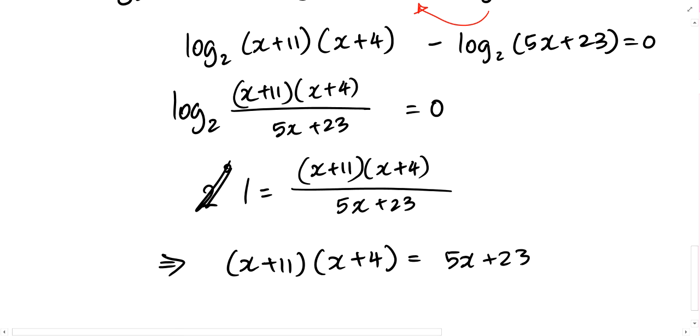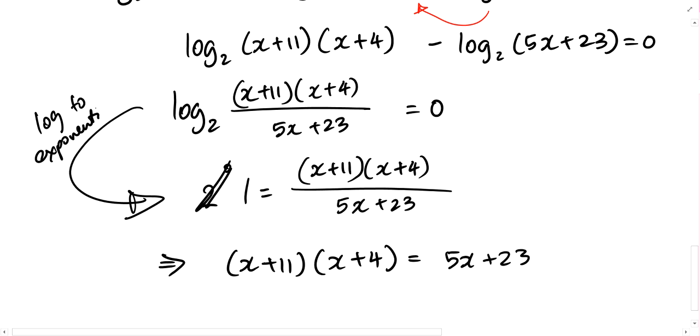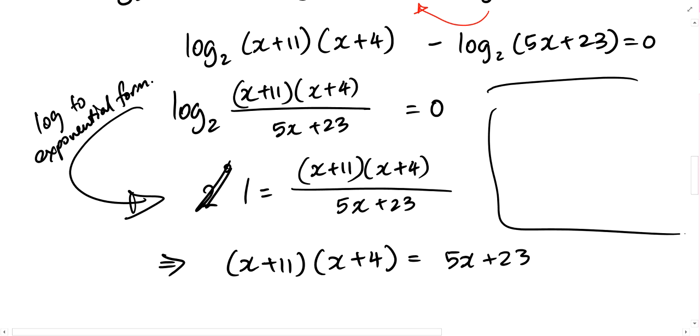And then it's the quadratic again. So can we explain from the log 2 there? From here to here? Yeah. I am converting from log to exponential form, where we have a to the power of m equals x, for example.